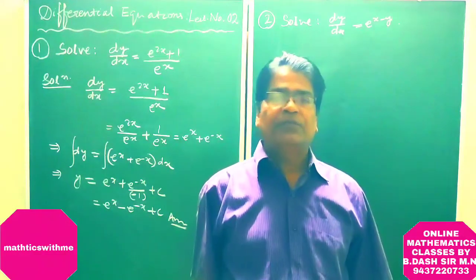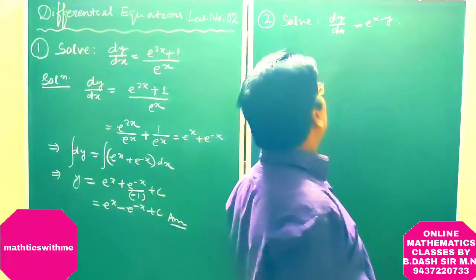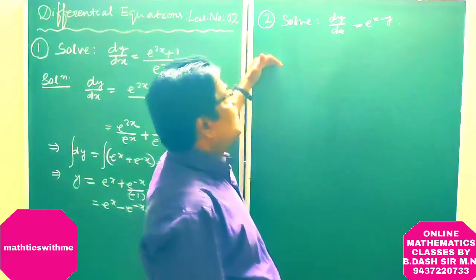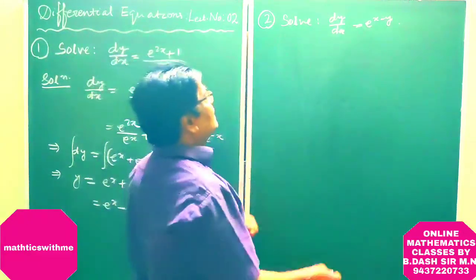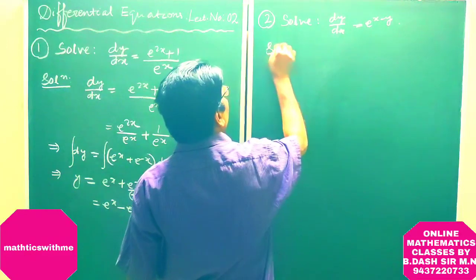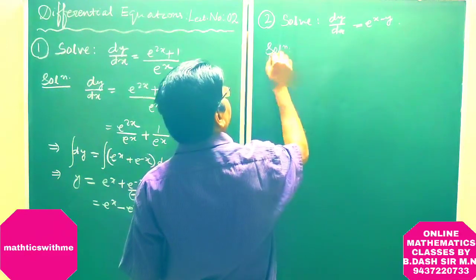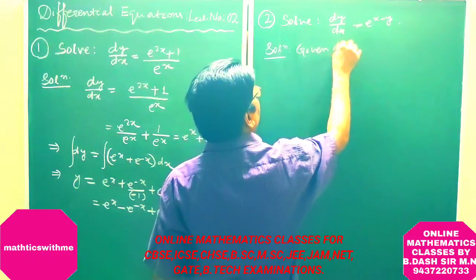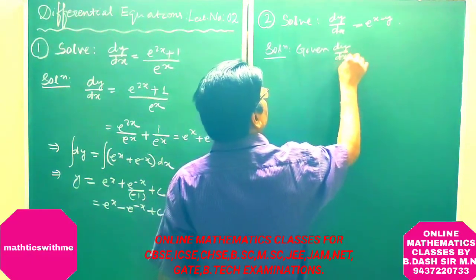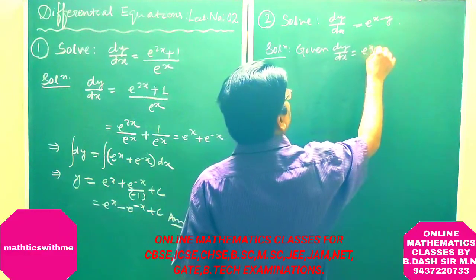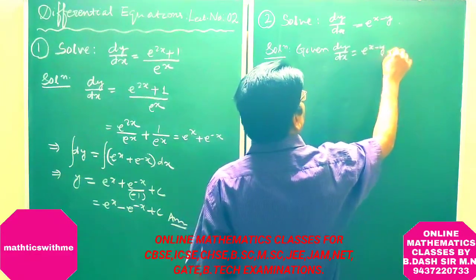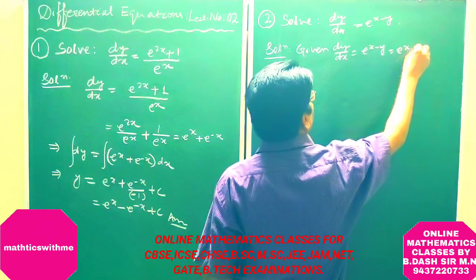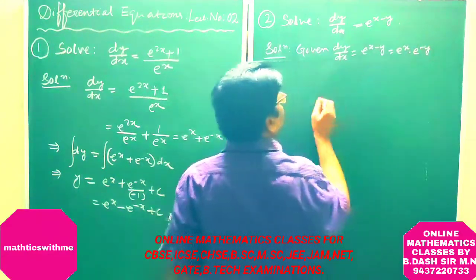Our next question is: solve dy by dx is equal to e to the power x minus y. Now solution. Given dy by dx is equal to e to the power x minus y, which is equal to e to the power x into e to the power minus y.